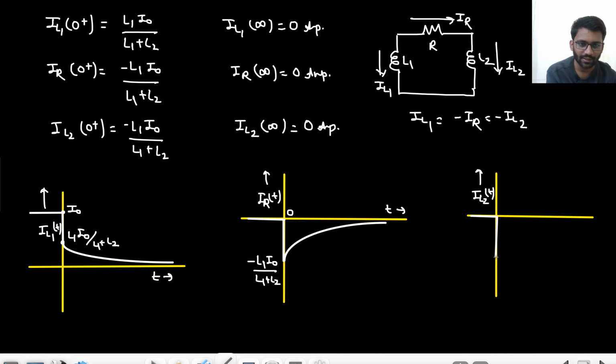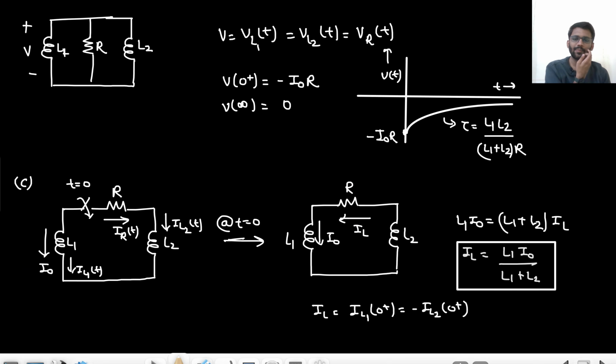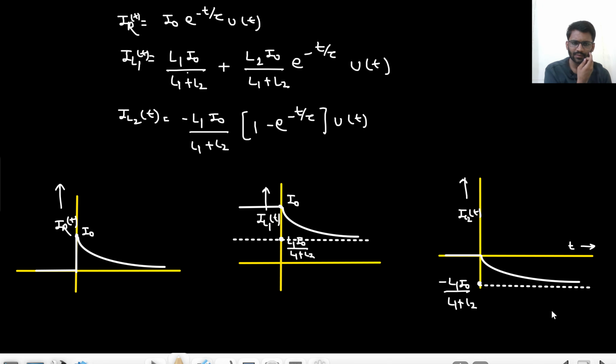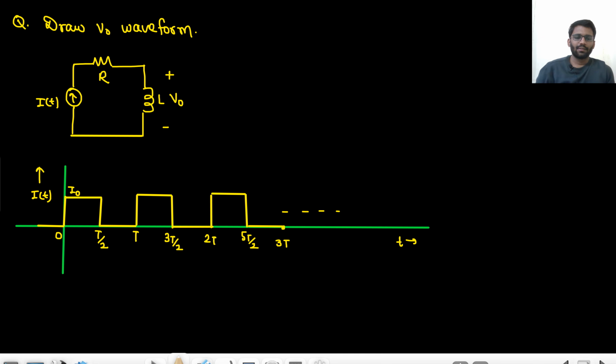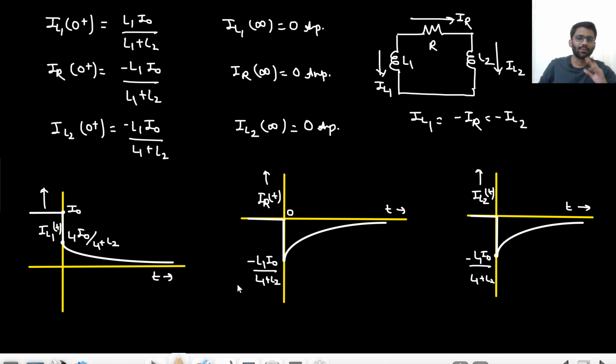Zero, then some negative value, then decays down to 0. In the previous graph, I made it, yeah. Okay, IR is 0. Yeah, okay, fine. So this is what is happening in all these circuits.